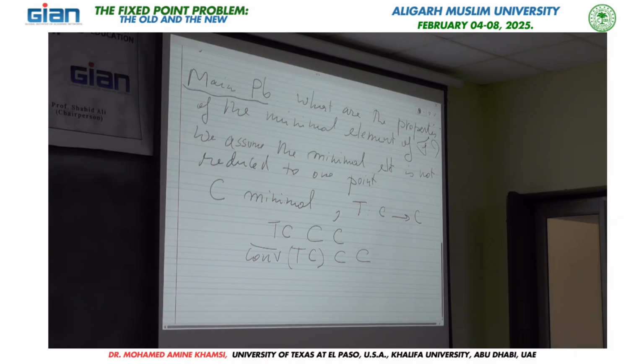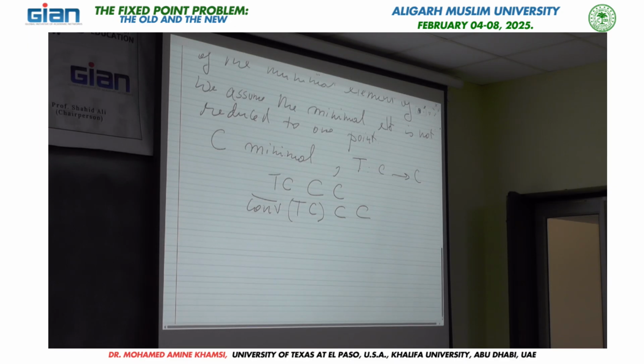Do we agree? And the conv is the smallest closed convex set which contains the set. It's the intersection of all of them, in fact. Now, let's take T of that.